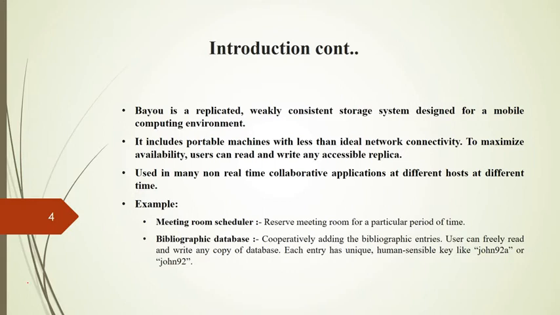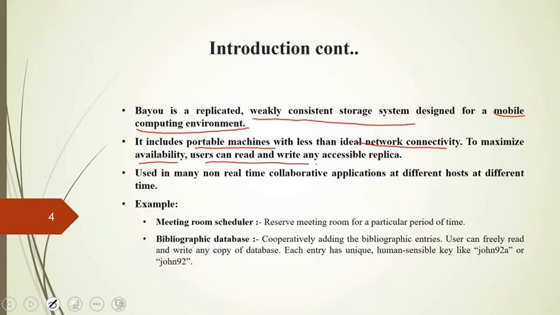Bayou is mainly a replicated, weakly consistent storage system which is designed for mobile computing. It includes different portable machines with less than ideal network connectivity. In order to maximize availability, a user can read and write any accessible replica.